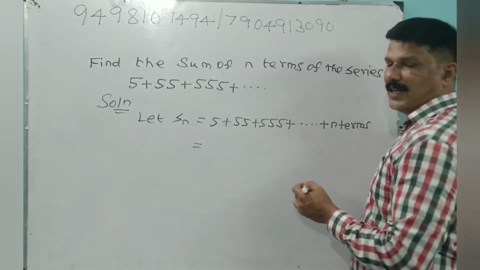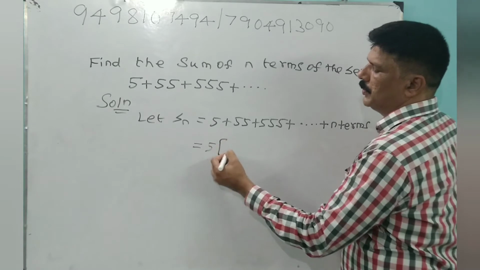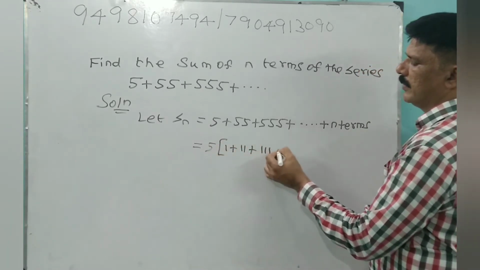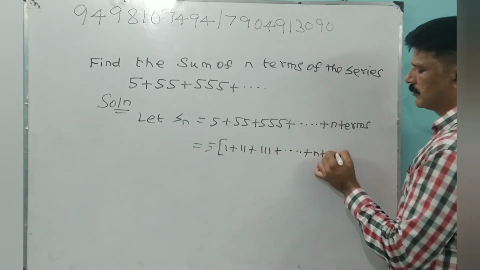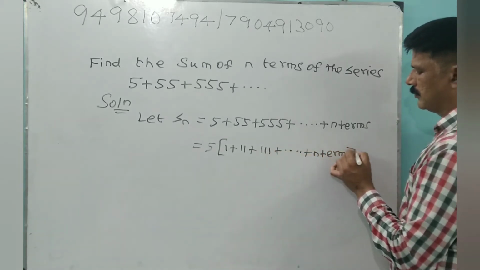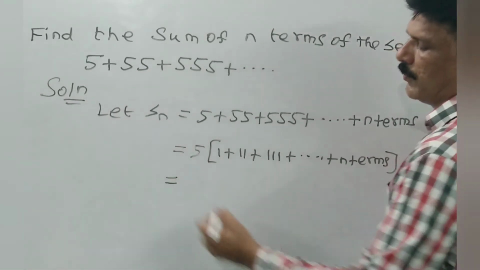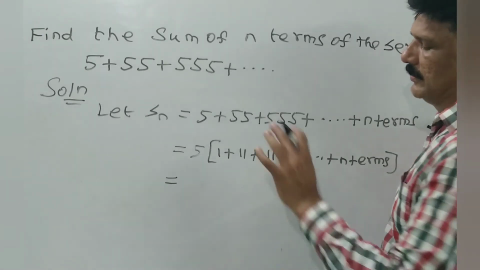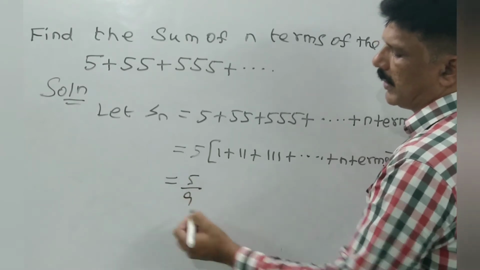Now we take 5 outside, 5 into 1 plus 11 plus 111 plus etc. up to n terms. Next, we multiply by 9 and divide by 9.